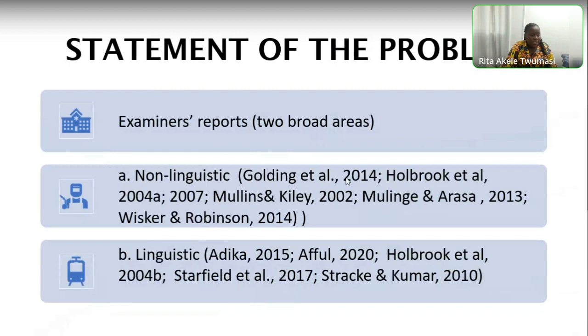Now, increasingly, with the Australian scholars, attention has begun to be paid to the linguistic form. A few of these are Holbrook et al. 2004B, Stafford et al. 2015 and 2017, Strake and Kumar 2010, paying attention to the linguistic choices.